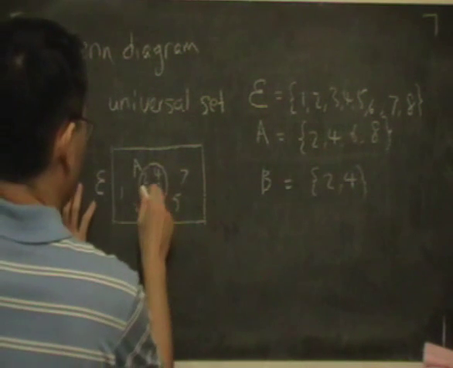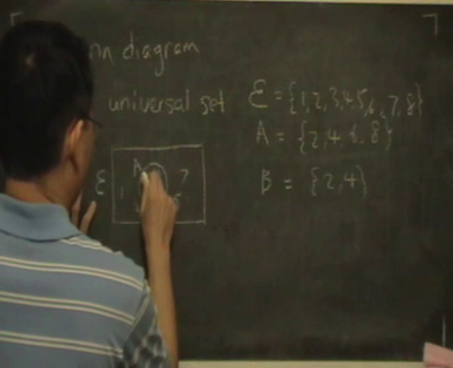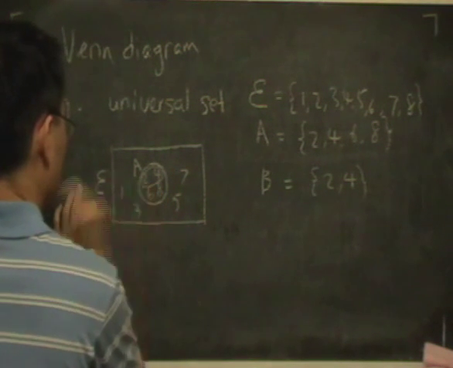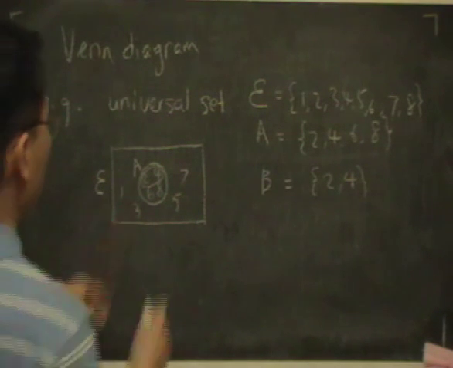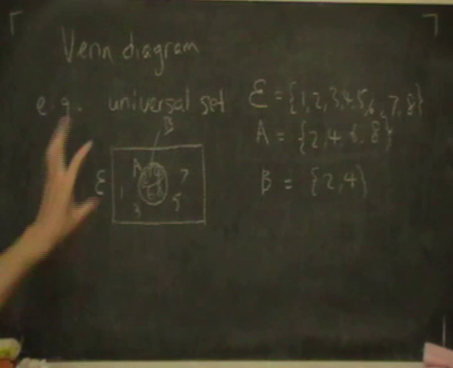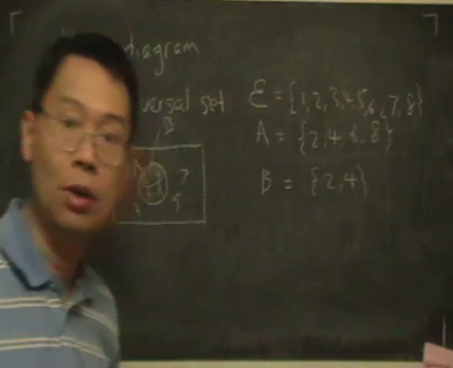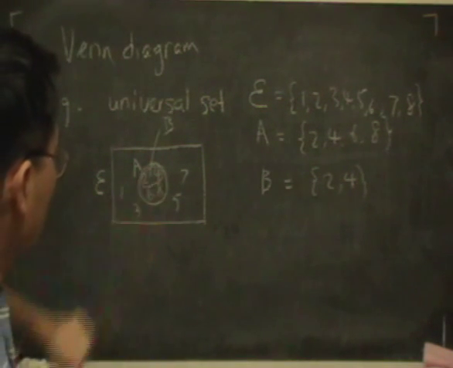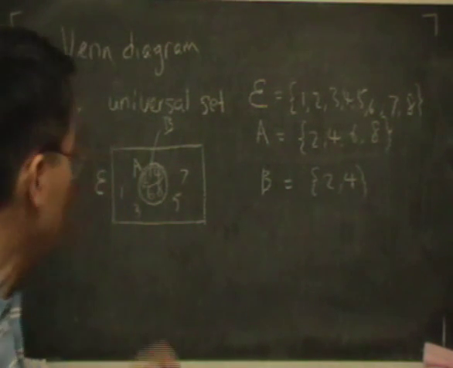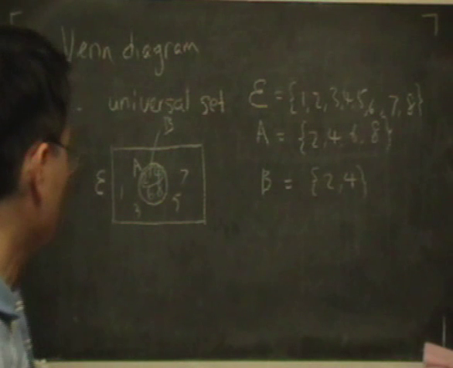I could just draw a shape around it, some sort of an ellipse, and that's my B. So now I have a Venn diagram for the subset of A, just a smaller shape within the circle of A.